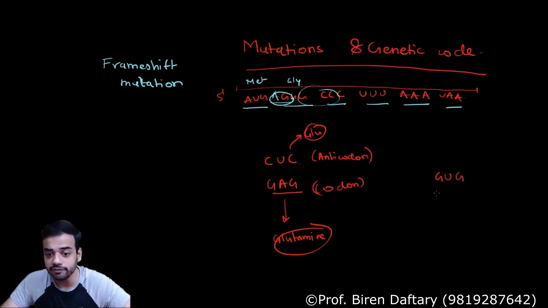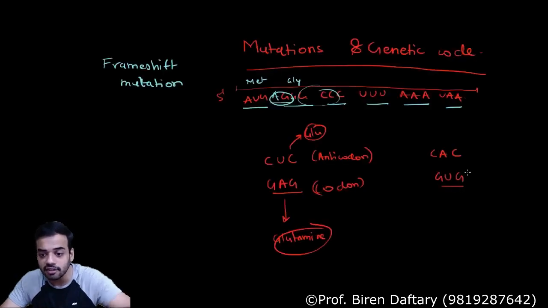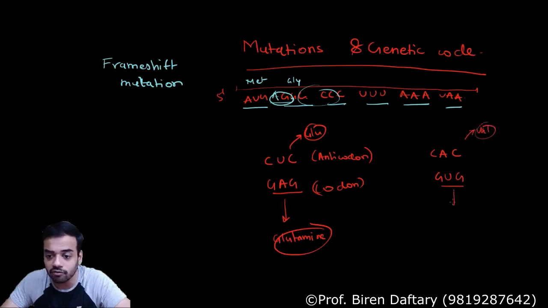Now if GUG is present, there will be no wobble hypothesis because the last base has not changed. Now the tRNA which will attach over here will be CAC. And if you see GUG, G over here, U over here, G. So GUG is valine. So this tRNA is going to bring the valine amino acid along with it.